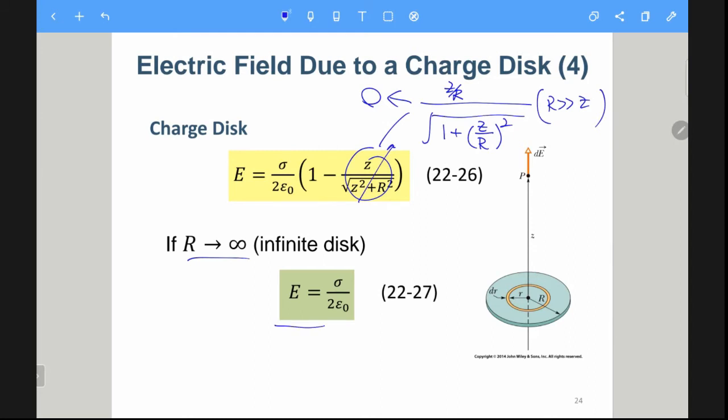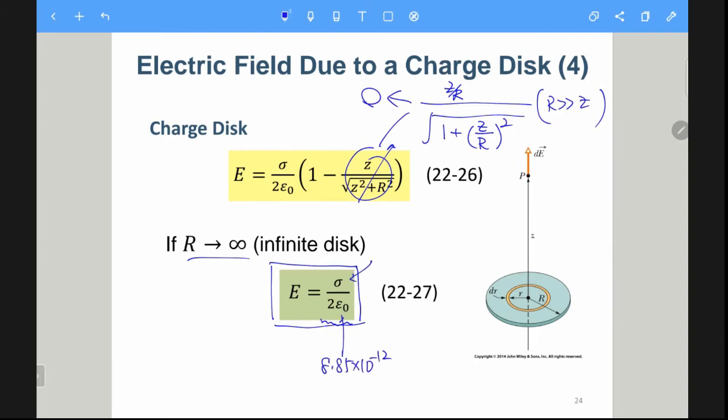So this is a very elegant expression for the E field, which means that if we have an infinitely large charged disk with uniform charge distribution, then it will generate an E field which is a constant. Epsilon naught is a constant, 8.85 times 10 to the minus 12.